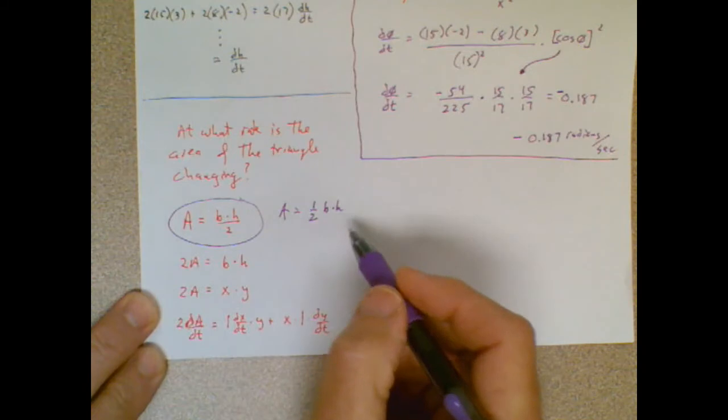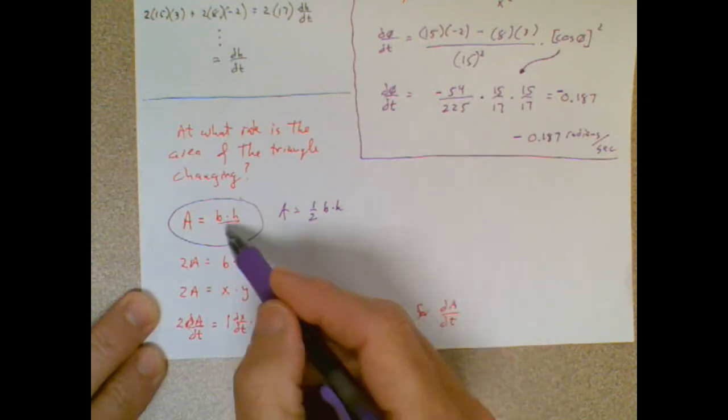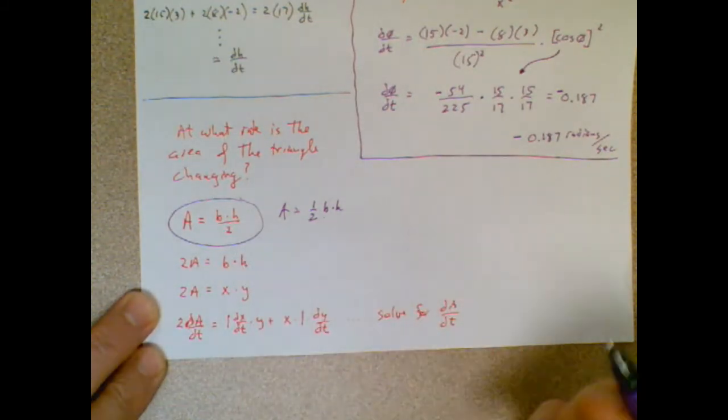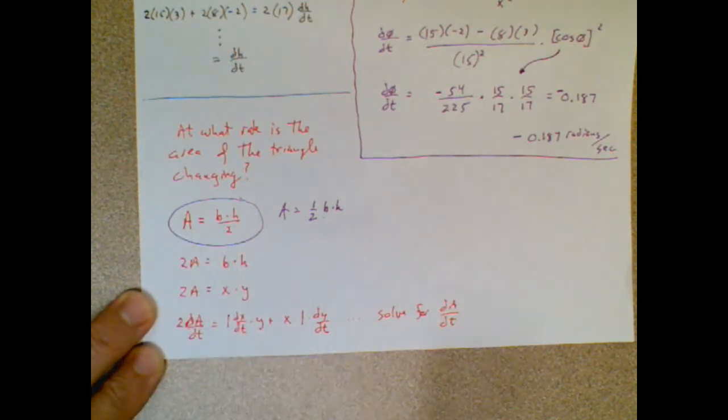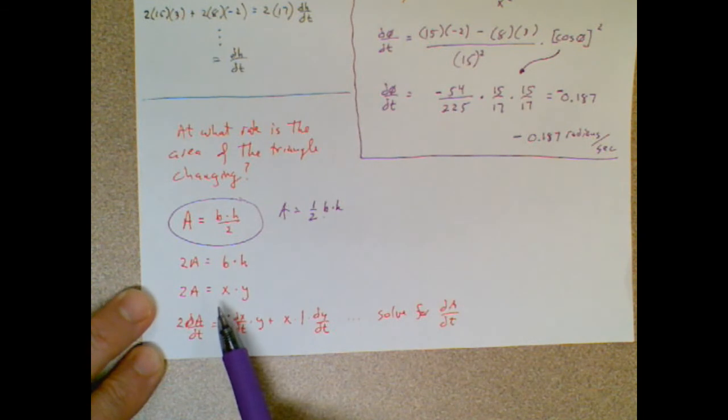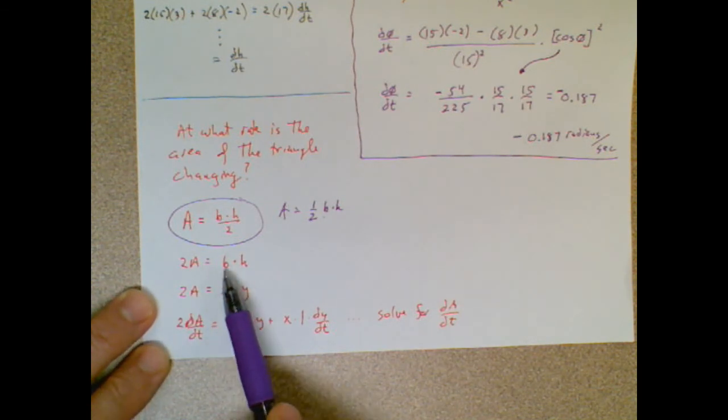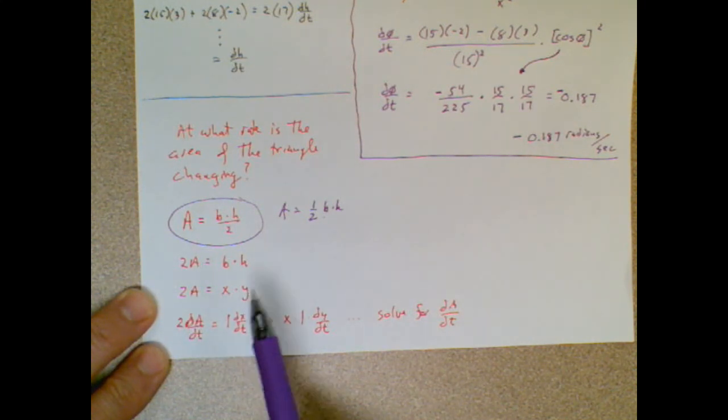And just like we've done in the other problems, we're going to take the derivative and then we're going to plug in information. Before I took that derivative though, I decided to multiply each side by 2. I don't know why, you didn't have to. I just thought maybe it would make my derivative calculations easier. And instead of using base times height, I went to x's and y's because that's what I was using in the original example.